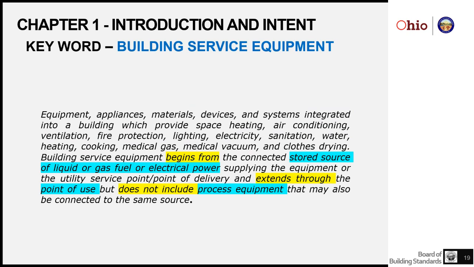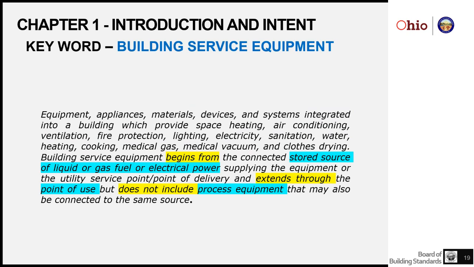And in this definition, it talks about where the building code has regulation. It begins from the storage source or the utility service point of delivery and extends through the point of use. So that is where the building service equipment is.